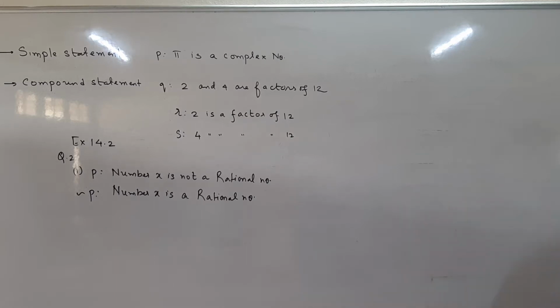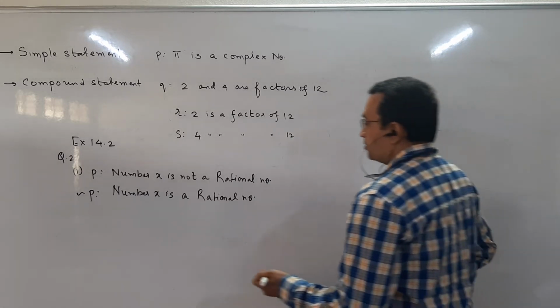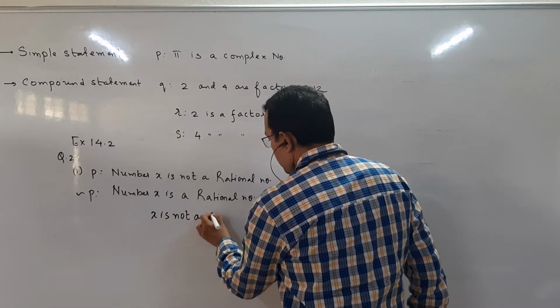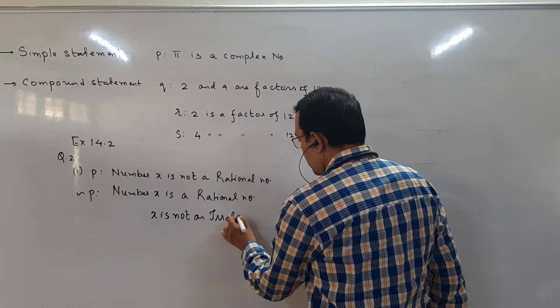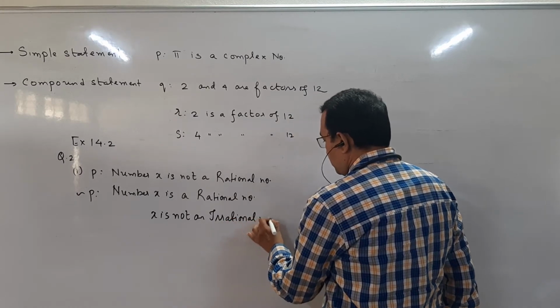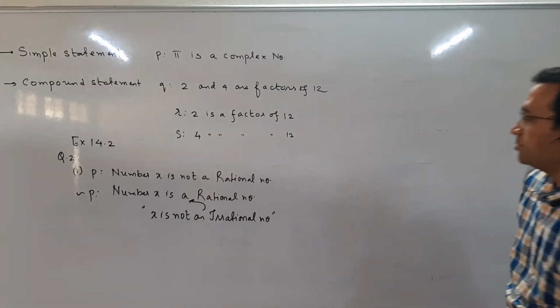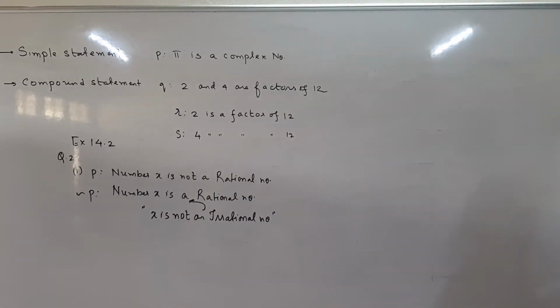What is the given statement? The number x is not an irrational number. It means the same: if it is not an irrational number, it is a rational number. So we can definitely say, students, the given pair of statements are negations of each other.